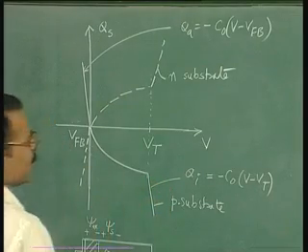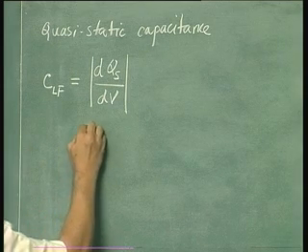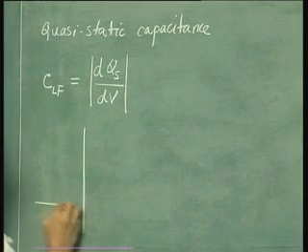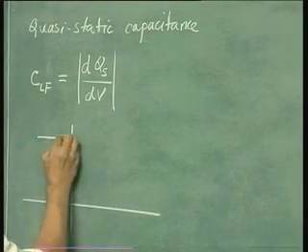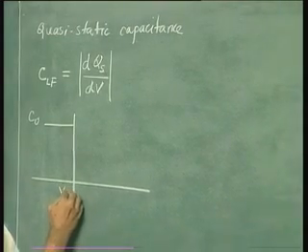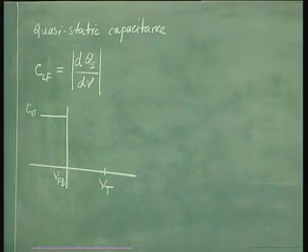So this behavior we can plot as follows. So this is C naught, this is the flat band voltage, and this is the threshold voltage Vt.